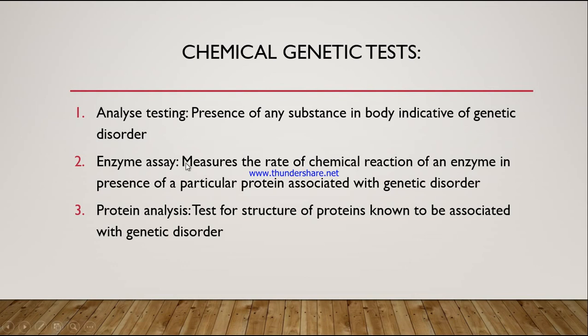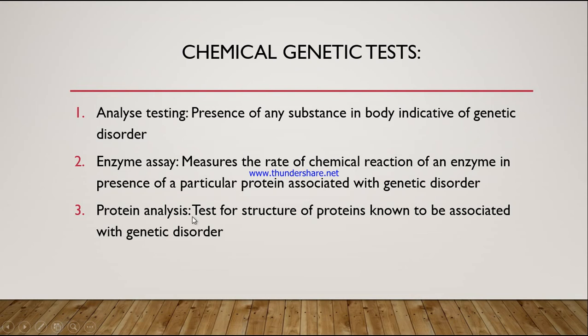Next, the enzyme assay. It measures the rate of chemical reaction of an enzyme in the presence of a particular protein which is associated with a genetic disorder. So here we are just measuring the rate of the chemical reaction of the enzyme.